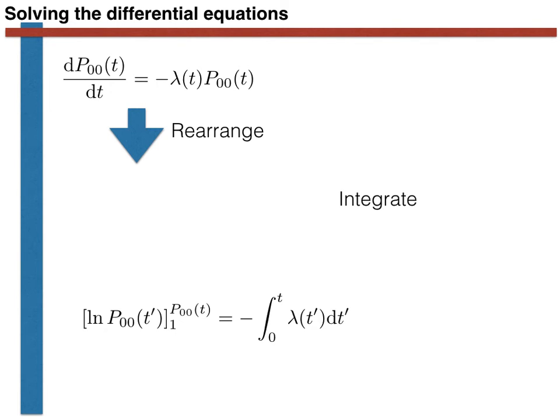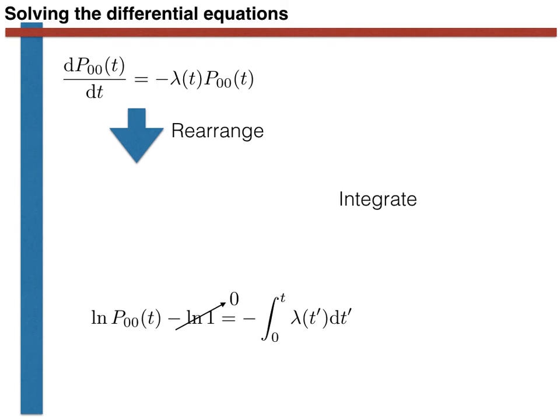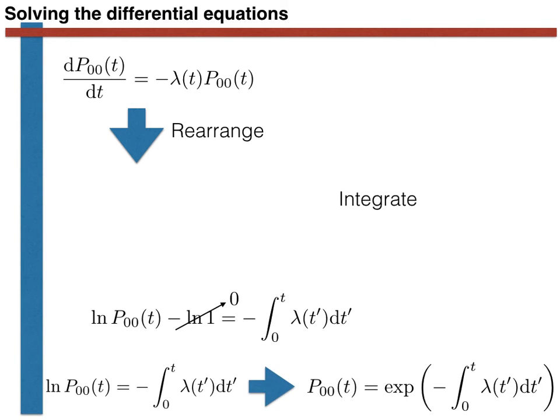Inserting the boundary conditions into the left-hand side, we get the following. Furthermore, the logarithm of 1 is 0, and thus the left-hand side is just the logarithm of P00 of t. We can thus get P00 of t by taking the exponential of both sides, as shown here.